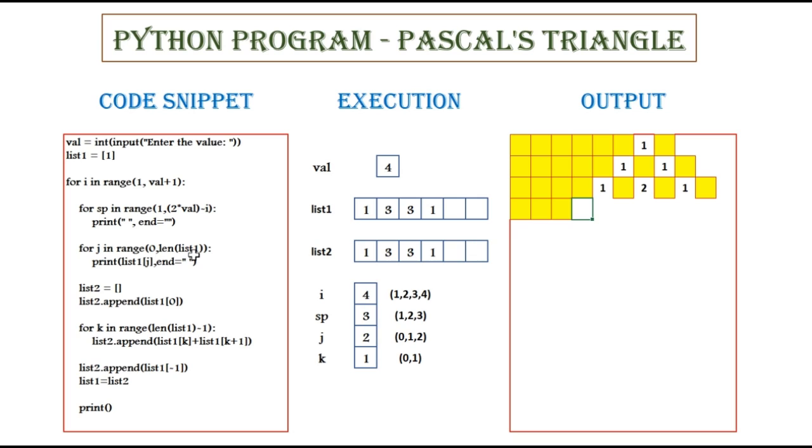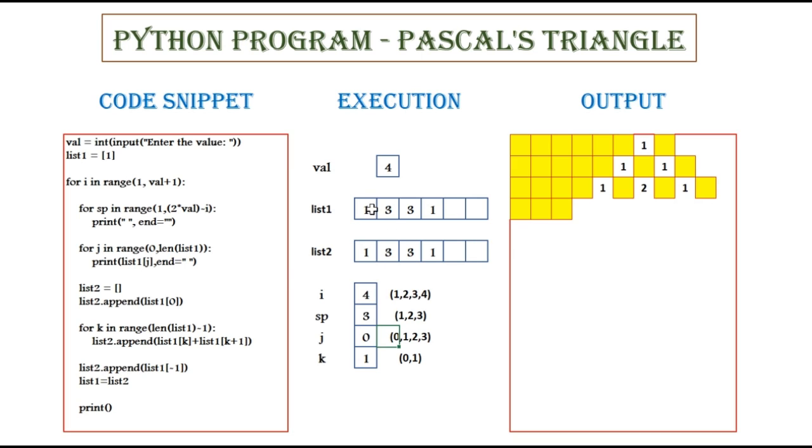range of 0, len of list 1. So the list 1 length is now 4. 0 to 4 meaning 0, 1, 2 and 3. So that is going to be the value of j. Initially the value of j is going to be 0 and I am printing list 1 of j.